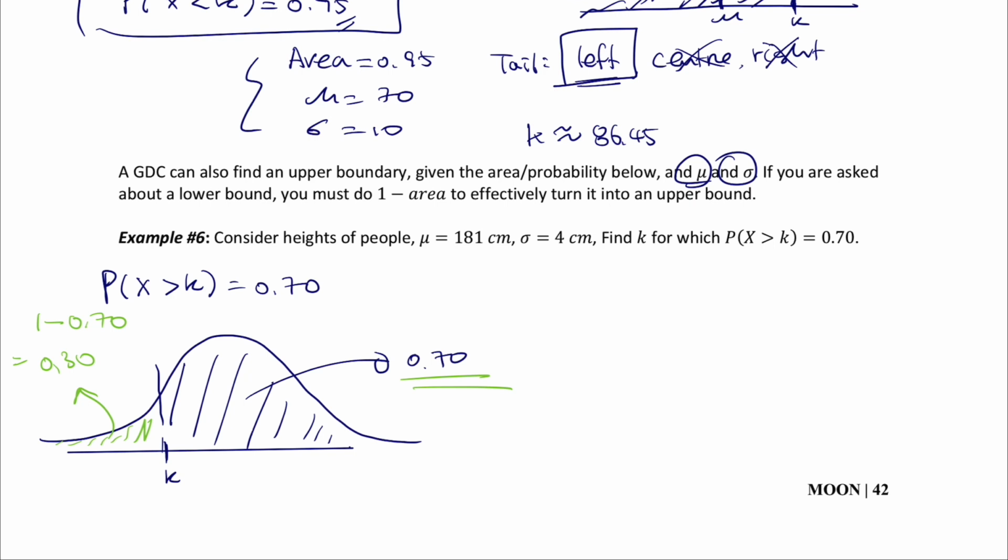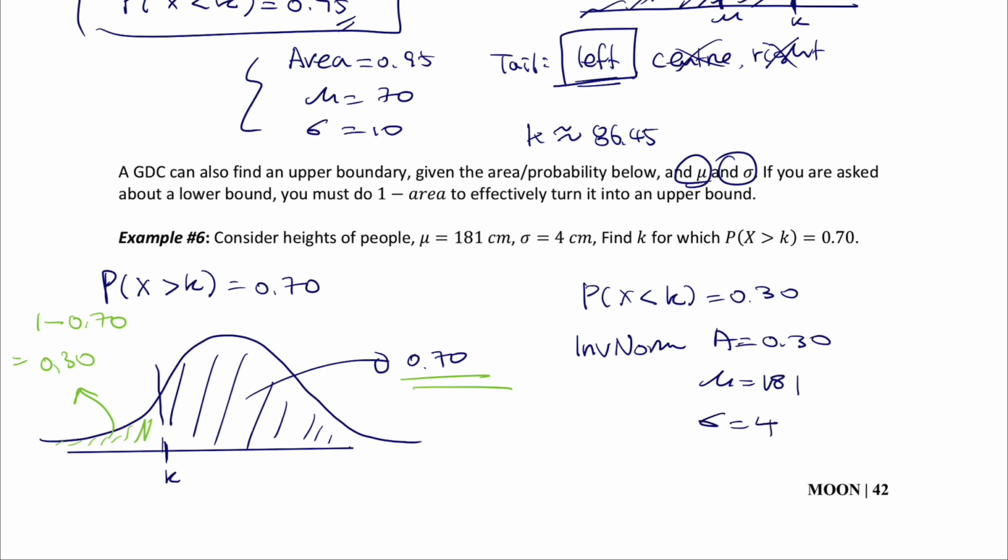Then using the inverse norm, we can calculate the probability that x is less than k with area equal to 0.30. So we set area equals 0.30, mean equals 181, standard deviation equal to 4, and set the tail as left. Then you get x approximately equal to 179.